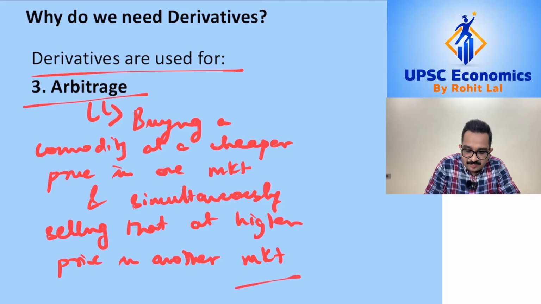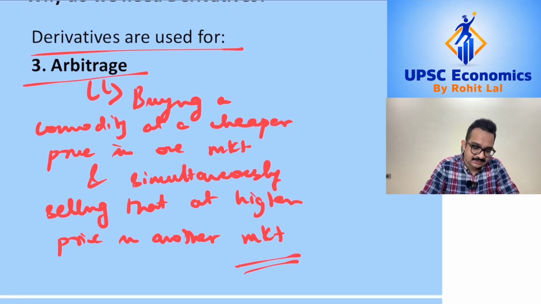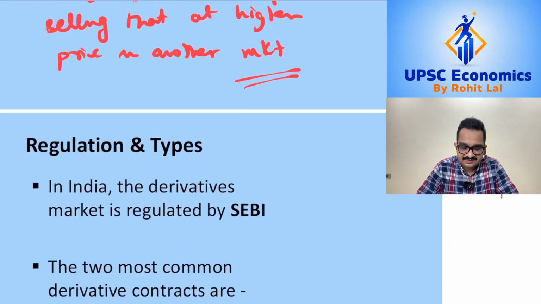So derivative contracts can essentially be used to allow traders or speculators to benefit from price differences in two markets. So that's the third benefit which derivatives provide.